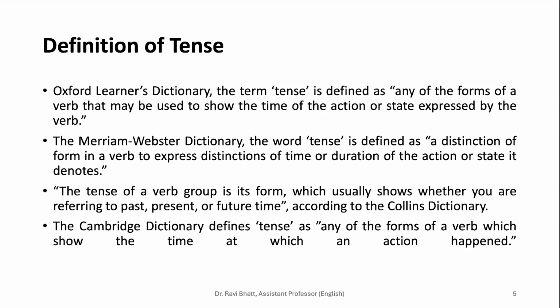Whereas Collins describes it as: the tense of a verb group is its form, which usually shows whether you are referring to the past, present, or future. And Cambridge defines it as any of the forms of a verb which show the time at which an action happened. So primarily, at the very core of it, tense is something that tells us the time of the action or the state expressed by the verb.